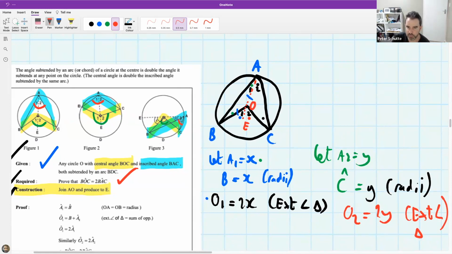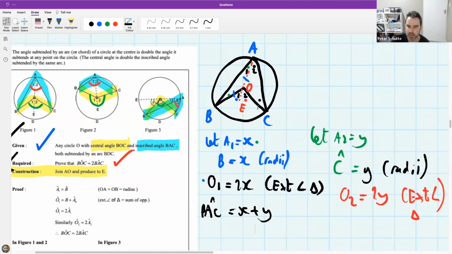If we look at the top here, we know that angle BAC is equal to X plus Y. Because remember, green dot is an X, this is a Y. Give me a thumbs up if you can see that BAC is X plus Y.